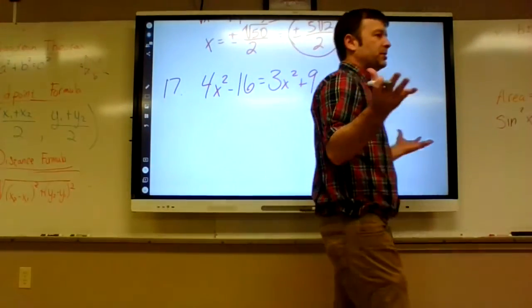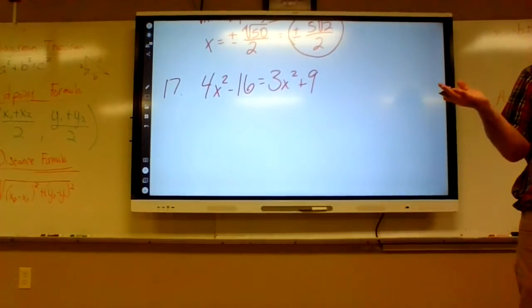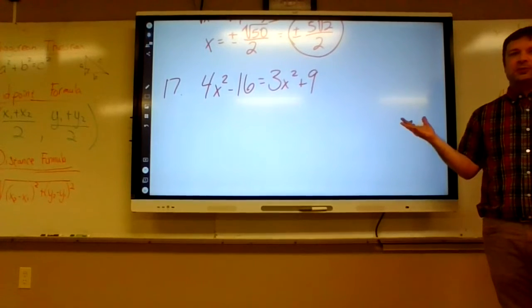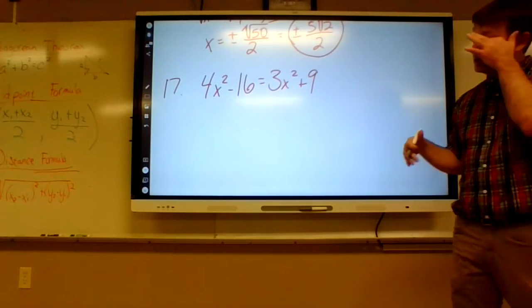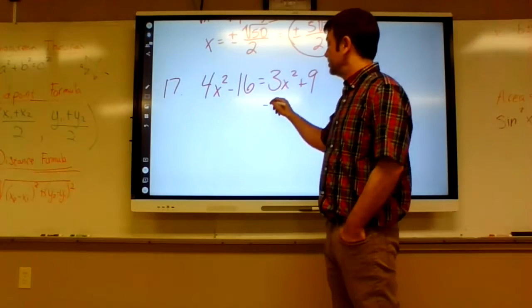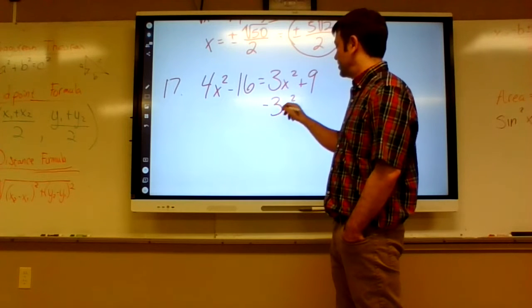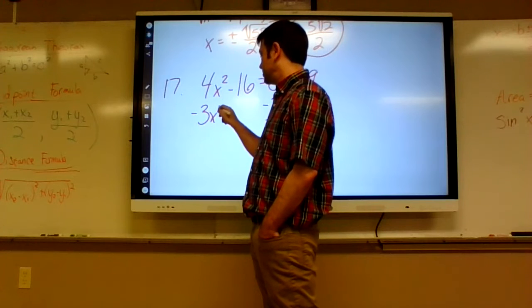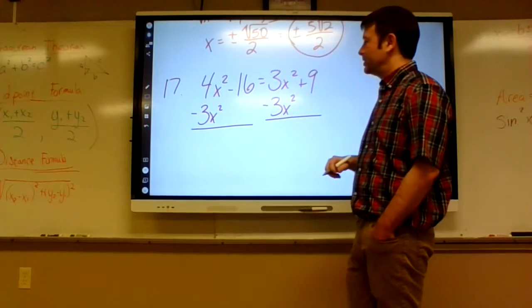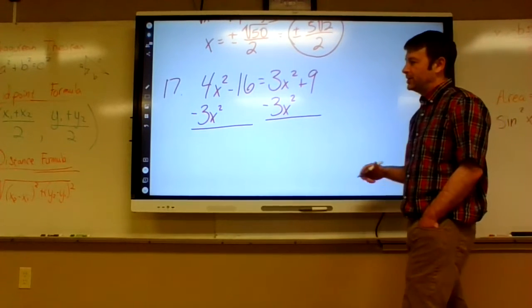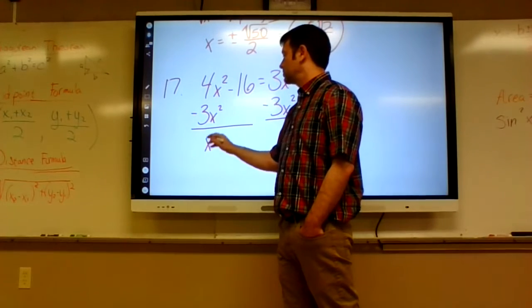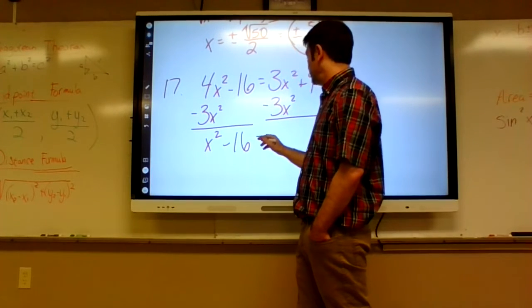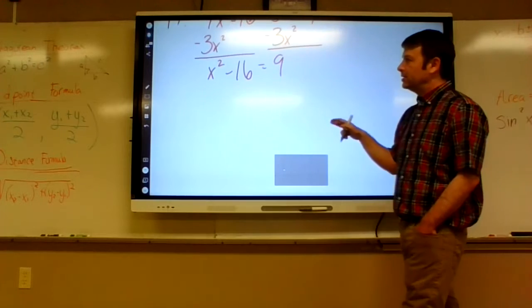Remember when we were solving x problems, like normal problems? What did we do when we had x on both sides? Subtract them, right? And since we are trying to get x squared by itself, that would be a good plan. What's 4x squared minus 3x squared? X squared minus 16. 9?